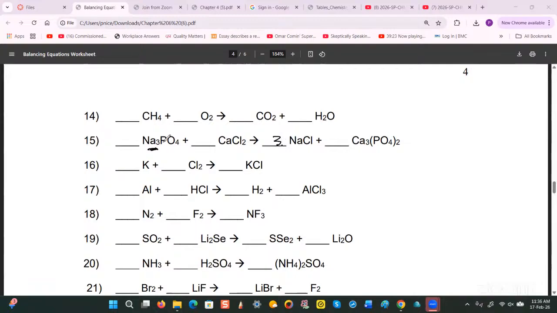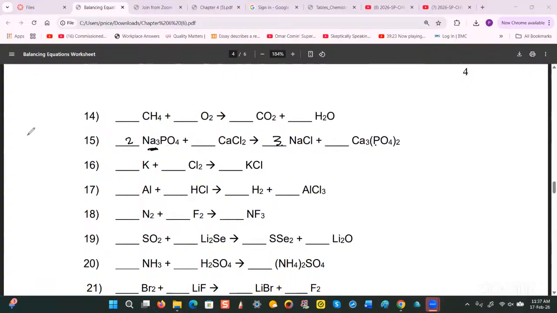You have 1 phosphorus here, you have 2 here. So what I would do is put a 2. This one you have to go back and forth. Because you have 2 phosphorus here, you have 1 here, so I'll put a 2 here, which means you now end up with 6 sodiums here.